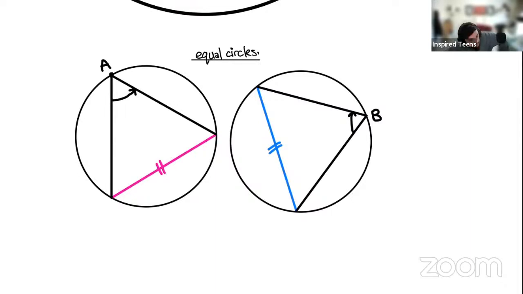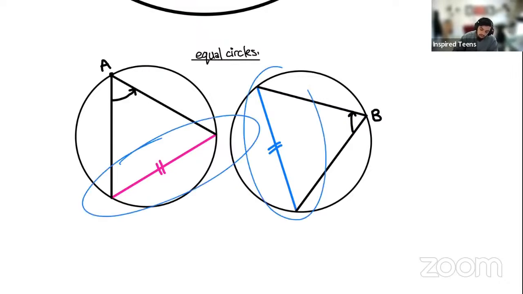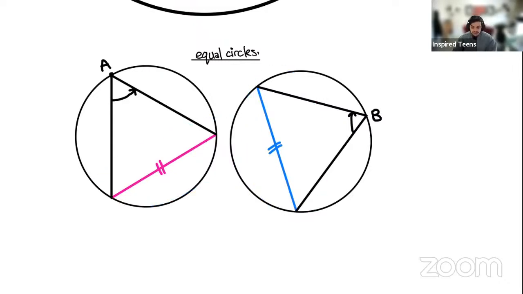Equal chords in two separate circles, equal in length, each subtending their own angles. The pink chord subtends angle A, and the blue chord subtends angle B. But because these two are equal, this is important now, because this pink chord is equal to the blue chord, that indicates to us that any angle subtended by those chords is going to be equal.